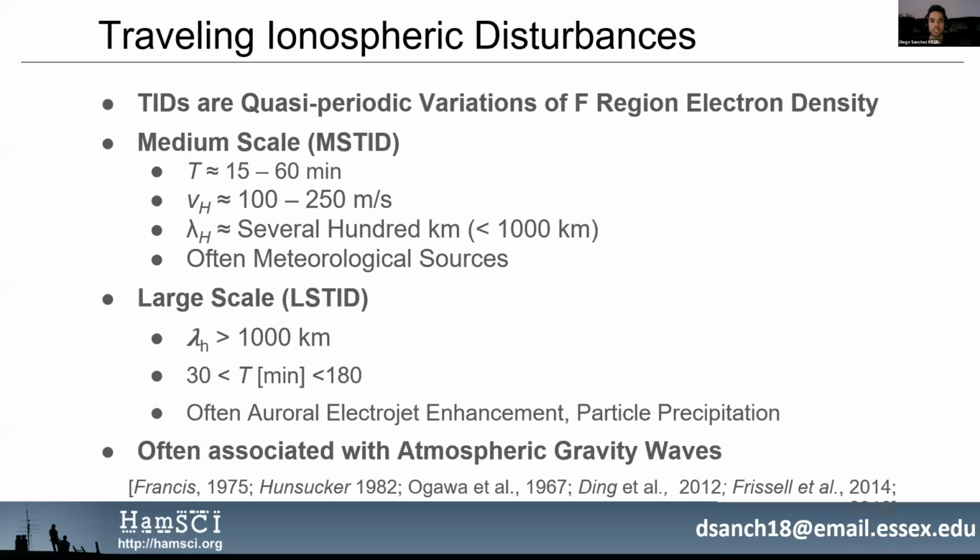Traveling ionospheric disturbances are quasi-periodic variations of F-region electron densities. There are different types. We're primarily going to be looking at large-scale TIDs, anything greater than 1,000 kilometers wavelength.